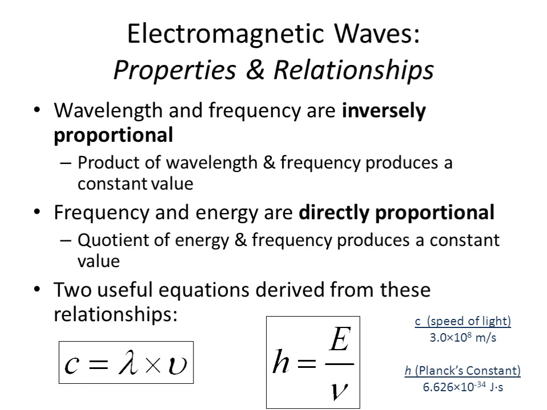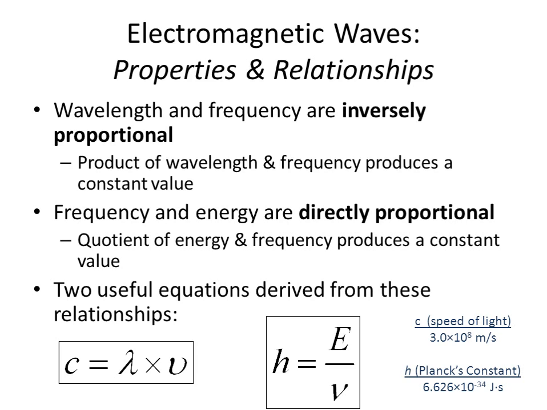Now, if we consider the properties of waves and the relationships between them, we can derive some equations which will allow us to do some calculations. With wavelength and frequency, the longer the wavelength is, the fewer waves you're going to get into a particular time period, so wavelength and frequency are inversely proportional to one another. And with variables that are inversely proportional to each other, the product of those two variables will give you a constant value.